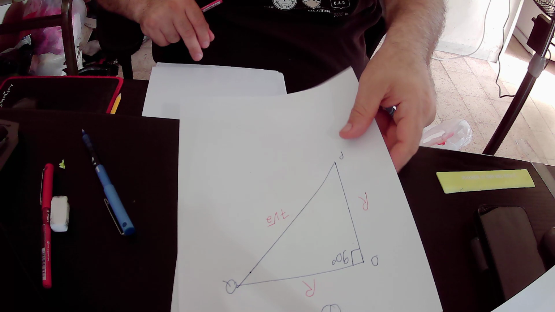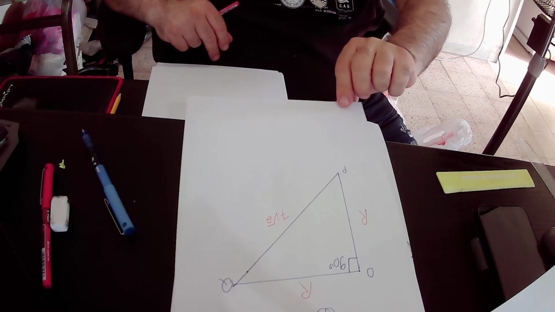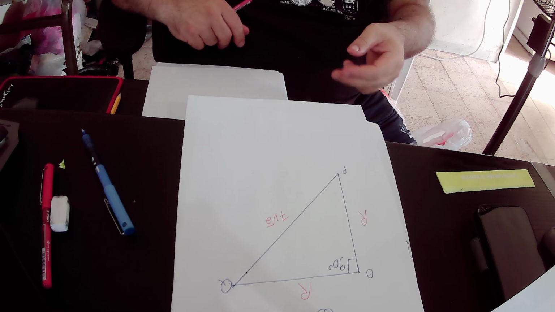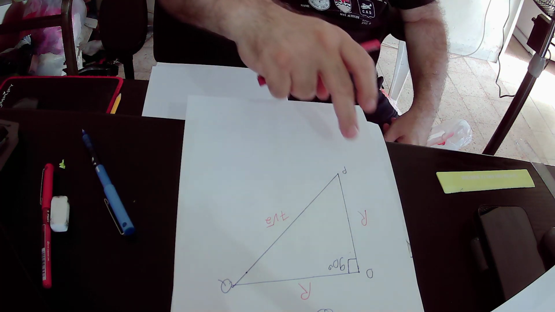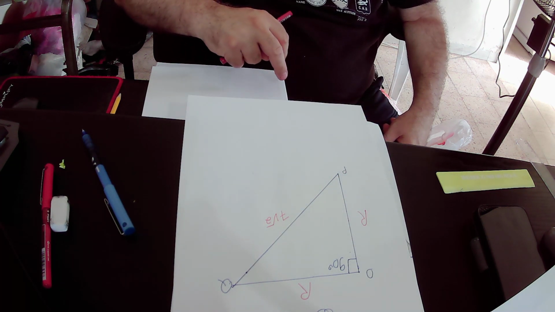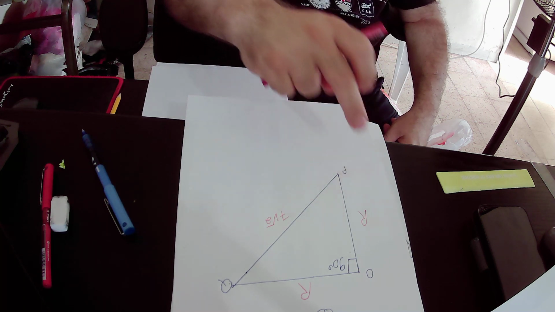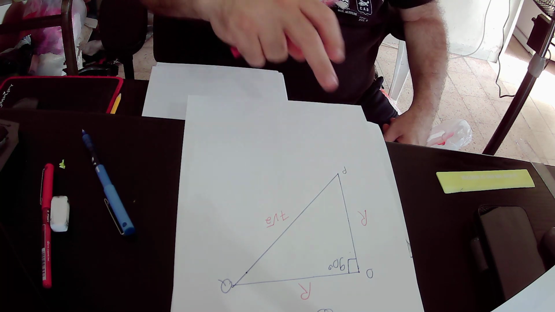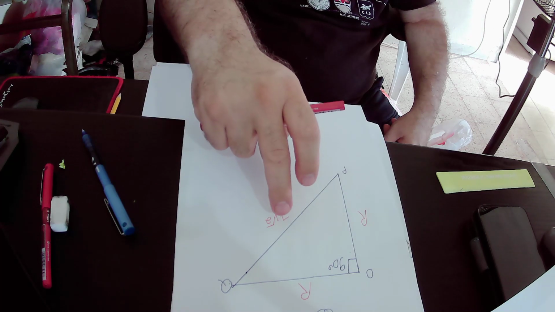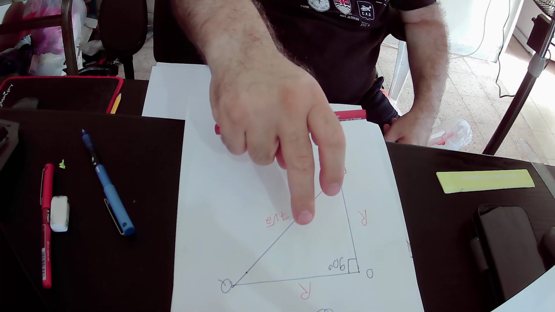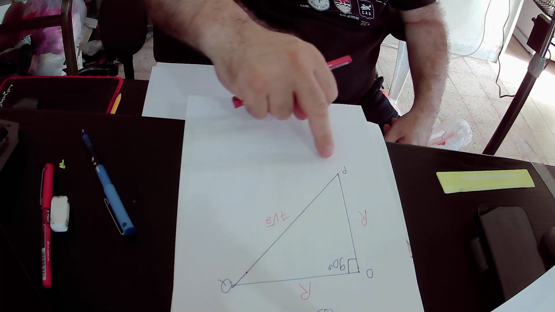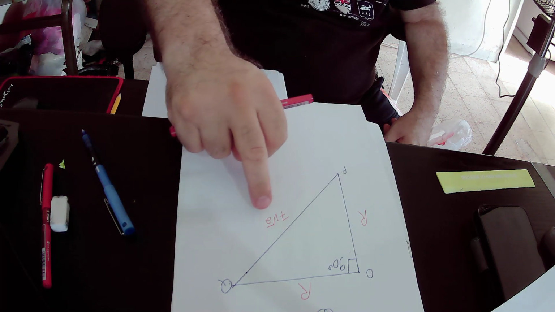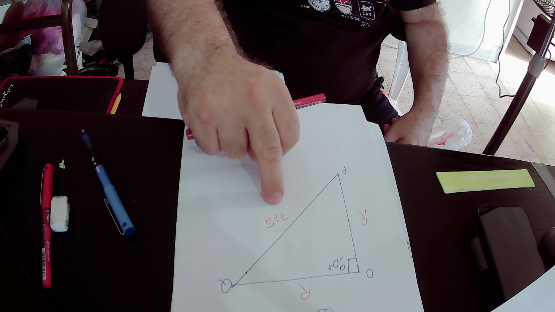So this is the right triangle POQ. As you can see in the drawing, side PO of the right triangle POQ equals capital R, and also side OQ of this right triangle equals capital R, and the hypotenuse of the right triangle POQ equals 7 times root 2.